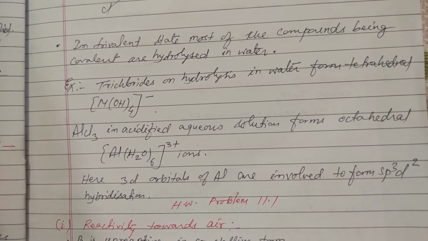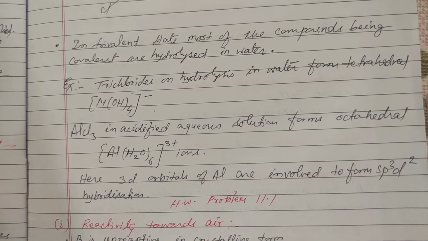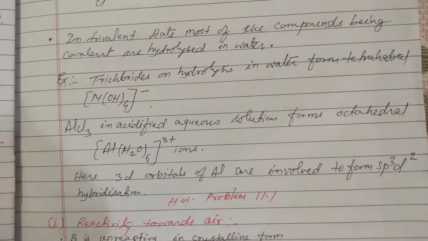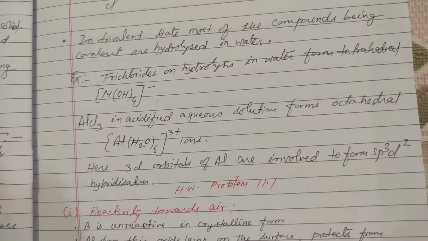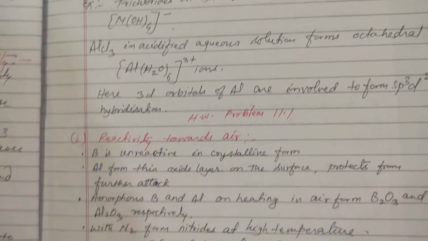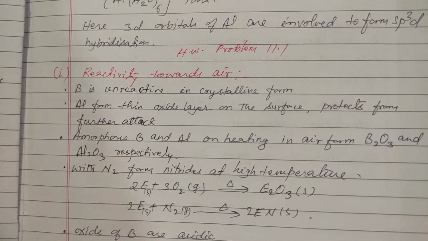Here 3d orbitals of Al are involved to form sp3d2 hybridization. Now homework problem 11.1.